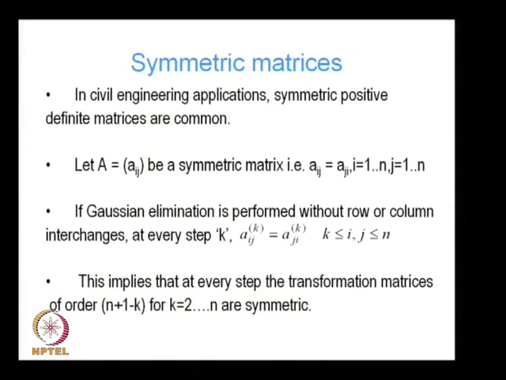So, for a symmetric matrix, if we are able to perform Gaussian elimination without any row or column interchanges, we can be assured that at every step the matrix is going to be symmetric. So, at every step the matrices of order n plus 1 minus k for k equal to 2 through n are going to be symmetric.